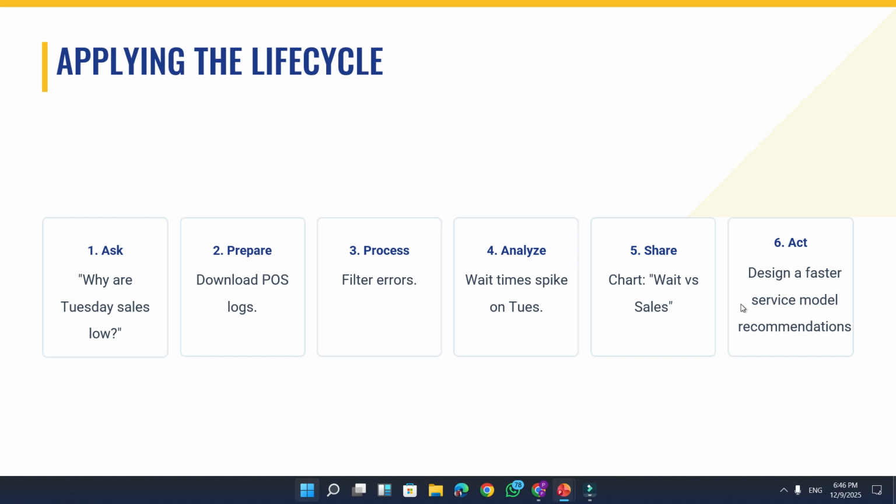And on this, for acting, to pass at the stage of decision, maybe based on the data, you can design a faster service model recommendations. Maybe they can schedule an extra service for delivering faster, because the more the customers were waiting, the more they were discouraged.